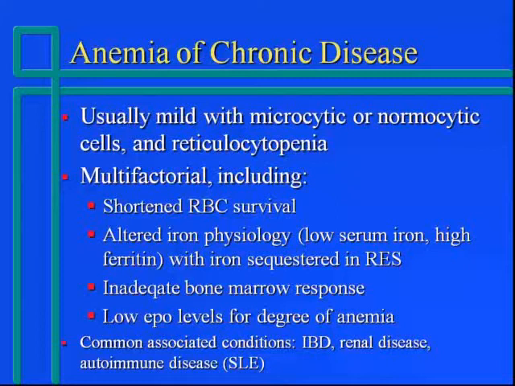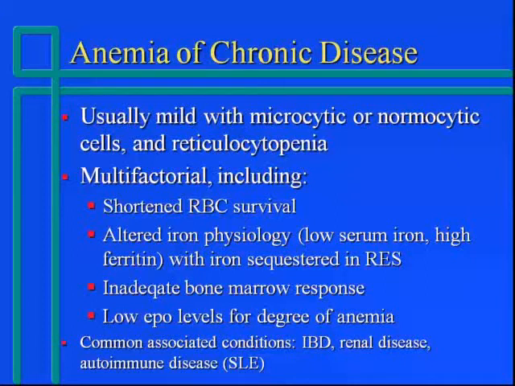And this is really a multifactorial condition and can include features such as shortened red blood cell survival, altered iron physiology, where there are adequate iron stores, but the iron is not able to be utilized because it's sequestered in the reticuloendothelial system. So these patients may have a low serum iron but a high ferritin level. There's often an inadequate bone marrow response to the degree of anemia and low erythropoietin levels.